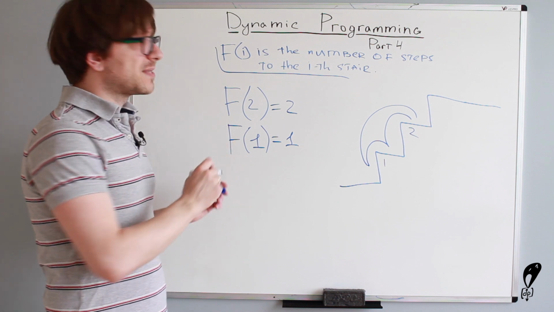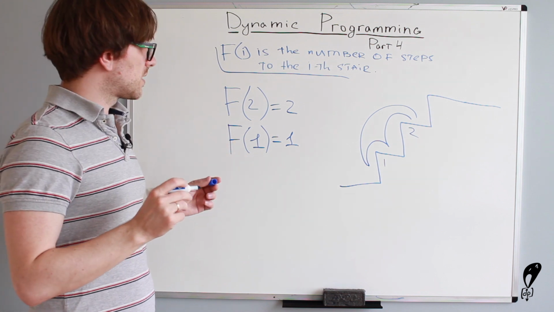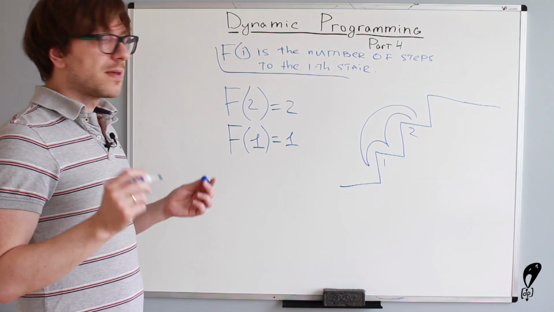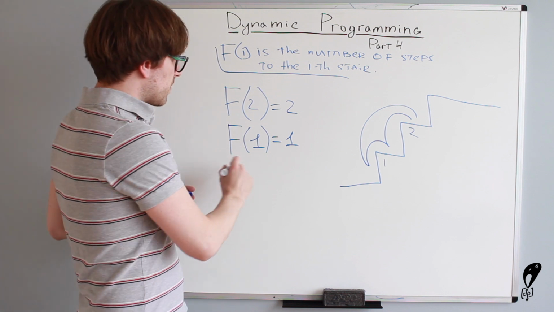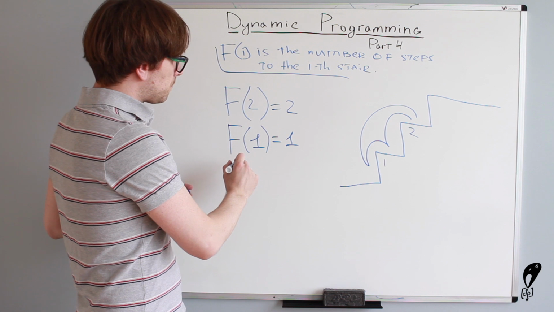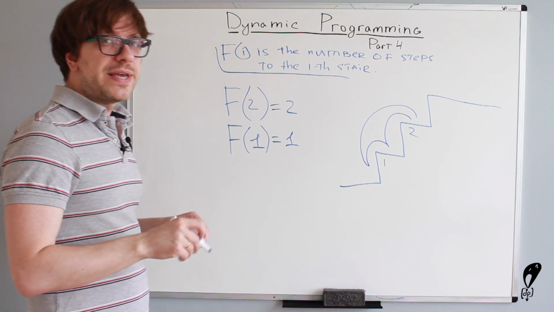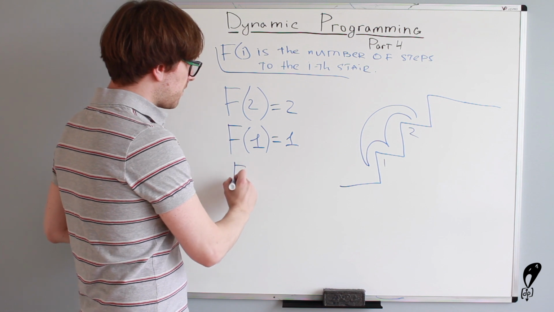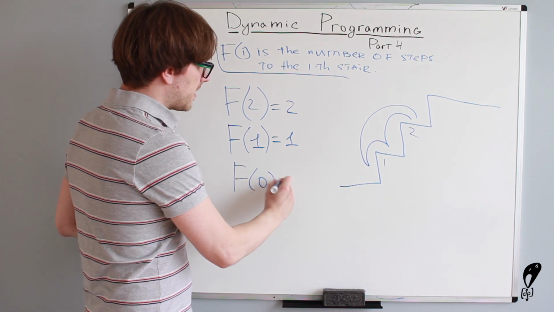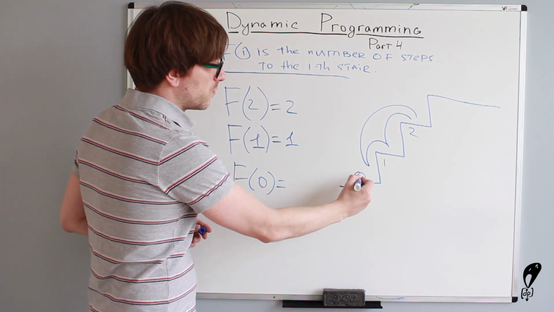Now, is this the smallest possible subproblem that we can solve? No, there is even smaller one, as usual. So the smallest subproblem here is when we don't have a staircase at all. So it's basically f of 0, right? It's basically we're on the ground, we're here.